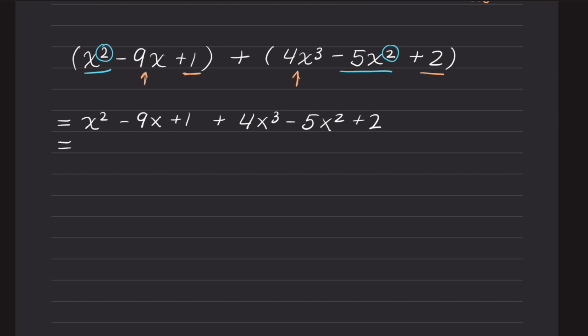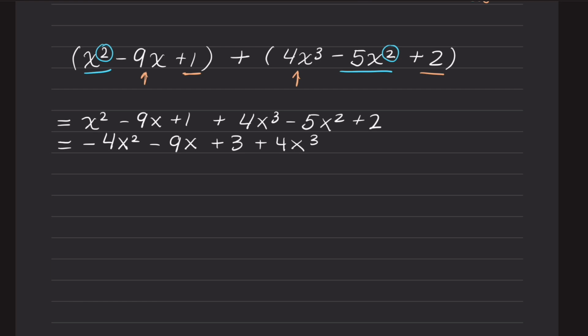And then I'm going to combine. X squared minus 5x squared gives me a negative 4x squared. And then I have this minus 9x. And then I have 1 plus 2 gives me a plus 3. And then I have this plus 4x cubed. So notice all that I did was I combined our like terms here.